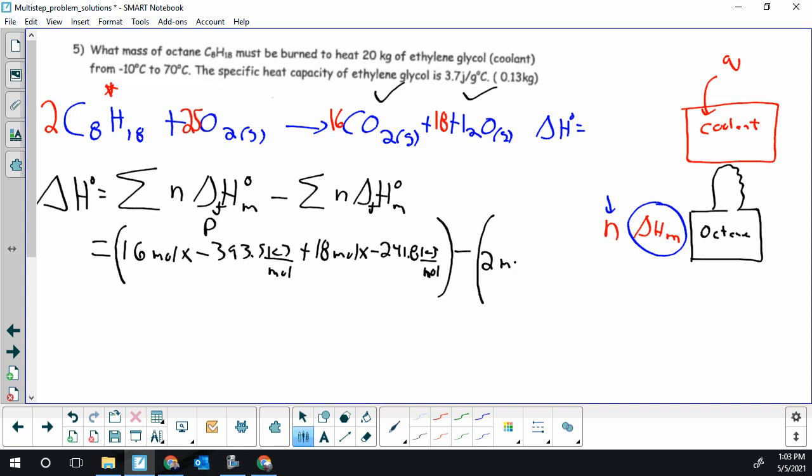2 moles times the molar enthalpy of my octane, minus 250.1 kilojoules per mole, plus O2, oxygen. The molar enthalpy of formation of any atom in its elemental form is going to be 0, so I'm not going to write out 0 times the 25 moles.